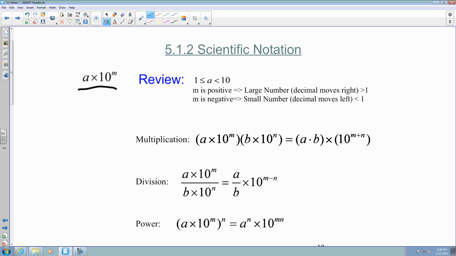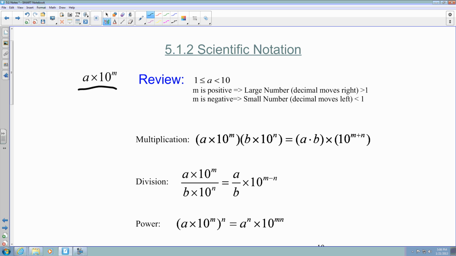And if n is a positive number, then I know that it is a large number, greater than 1. If n is negative, I know that it is a small number, and that value is less than 1.